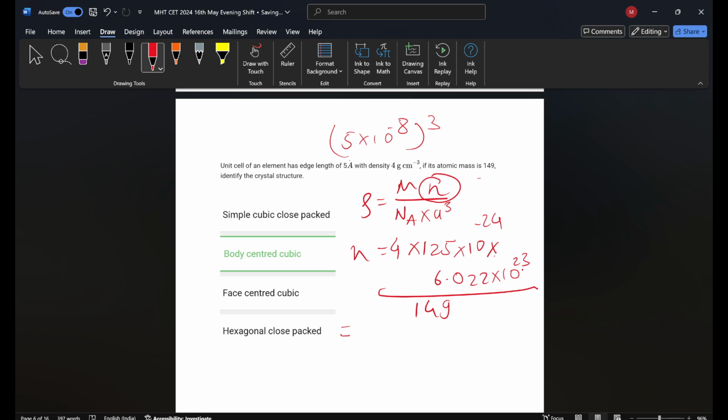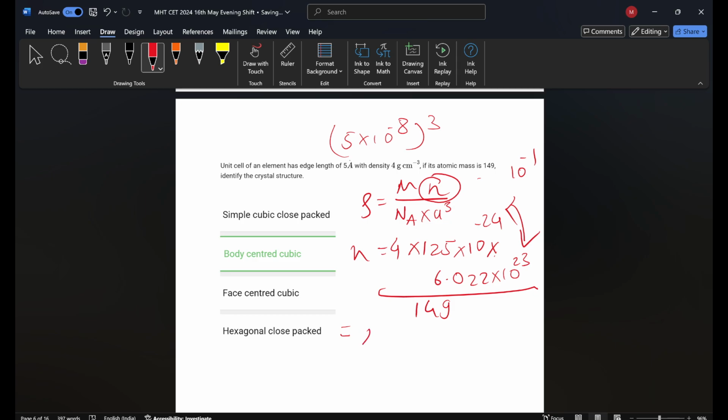Instead, we can see that 10 raised to power minus 24, 10 raised to power 23. So this gets cancelled, and we have 10 raised to power minus 1. Right? So by this 2, we have 10 raised to power 1.